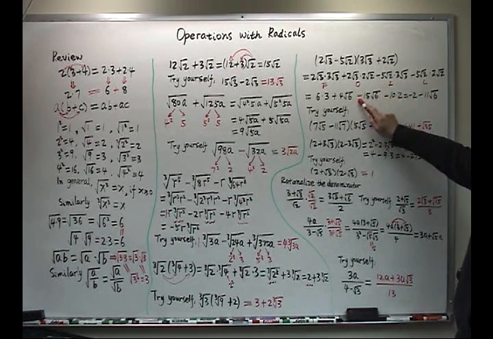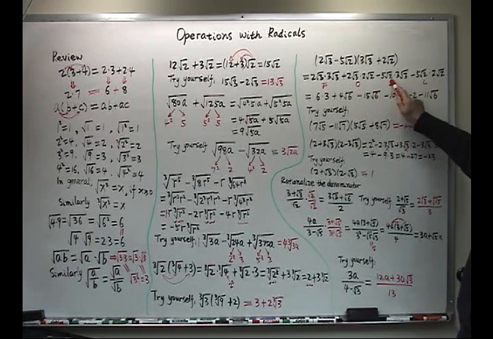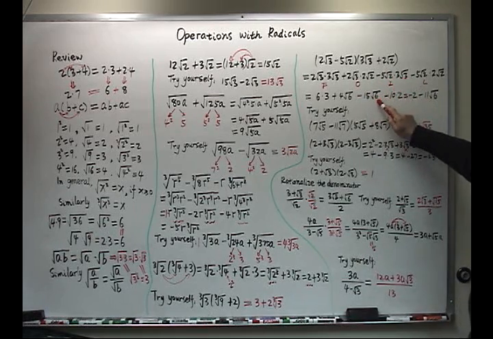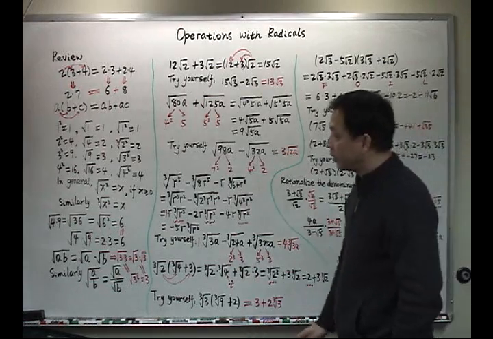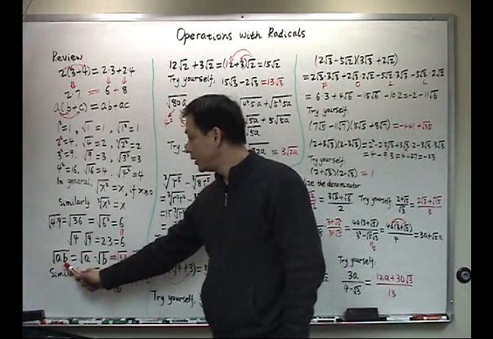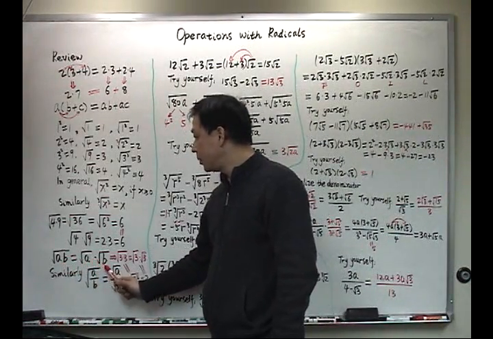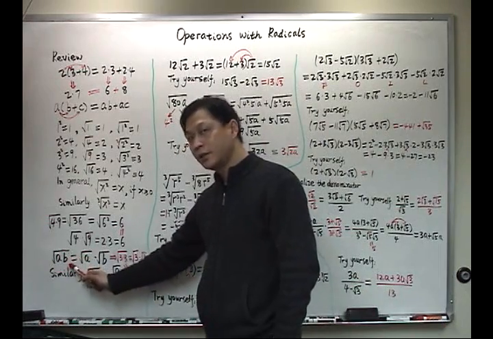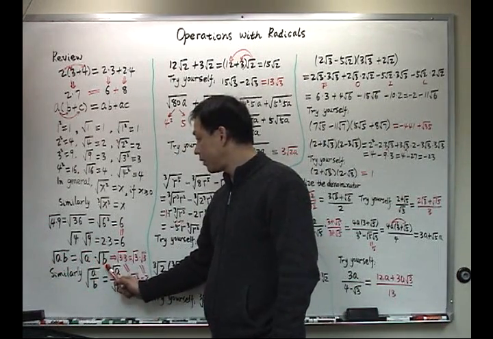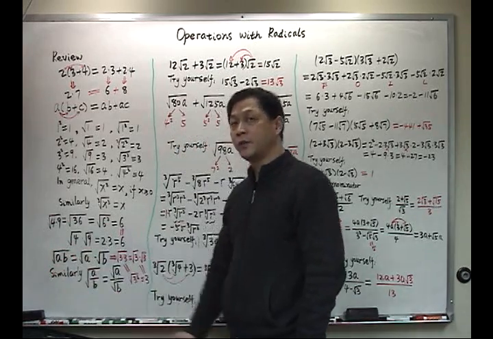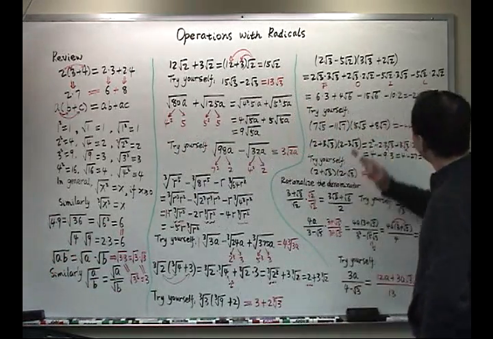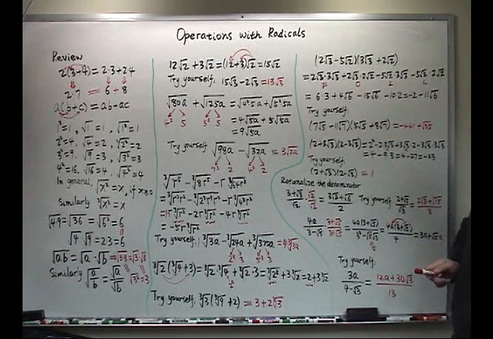You have a negative here. Again, radical 2 times radical 3 is radical 6. That's the property: radical A times radical B is radical AB. If here is 2, here is 3, then 2 times 3 is 6 inside the radical sign. So that's why we have a radical 6 here.